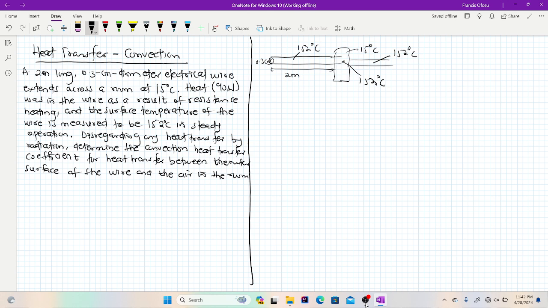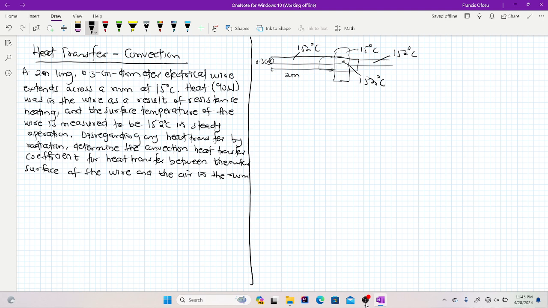When we say the room has a temperature of 15 degrees Celsius, we are saying the air in the room does. Since the wire extends across the room, the wire will exchange heat with the room because it has a higher temperature, and we know that heat always transfers from the hotter body to the colder body.